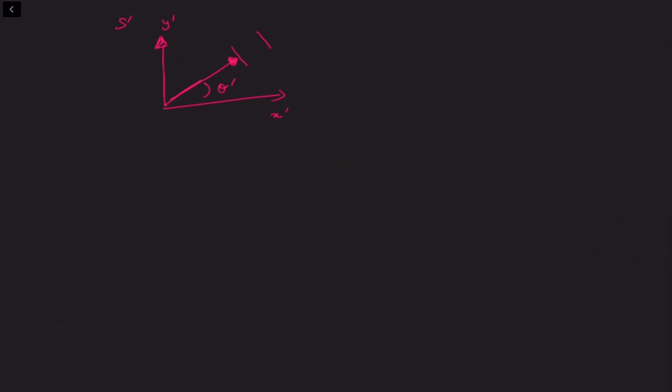So if we write down the light wave as some kind of wave, which is of the form A times the sine of omega t minus k dot x.